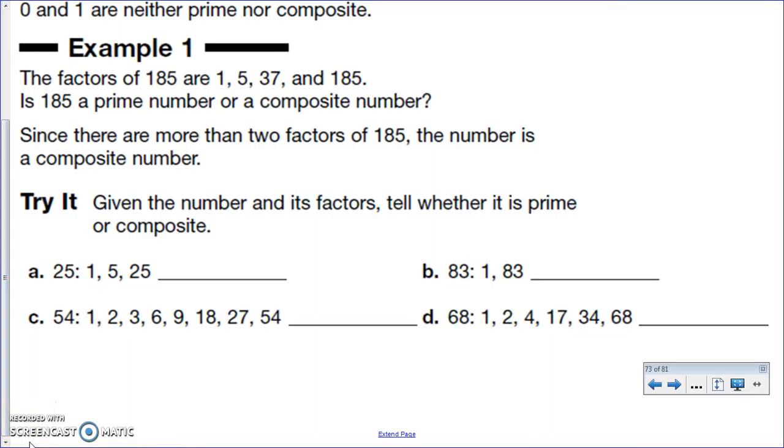So for A, 25 has more than two factors, more than just 1 and itself, so we know it's composite. B, 83 only has 1 and 83 as factors, so we know it's prime.